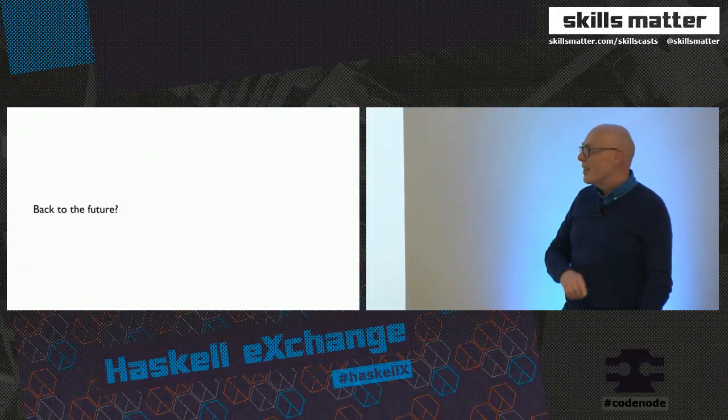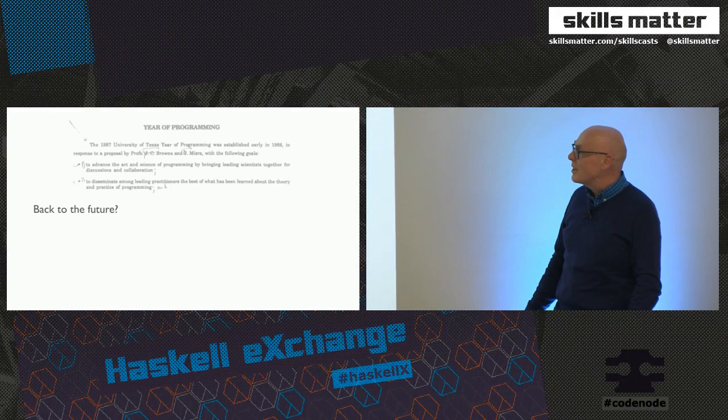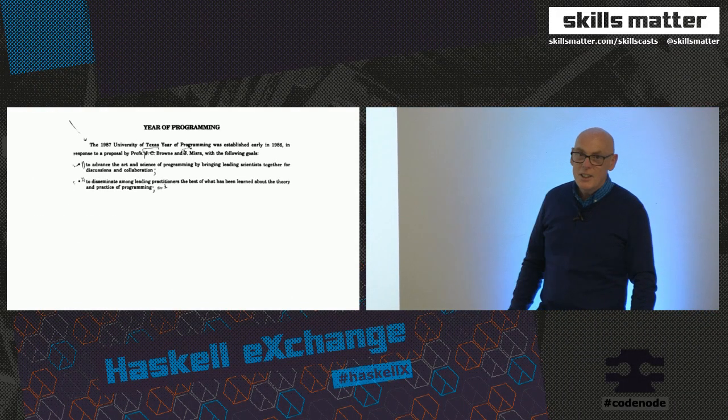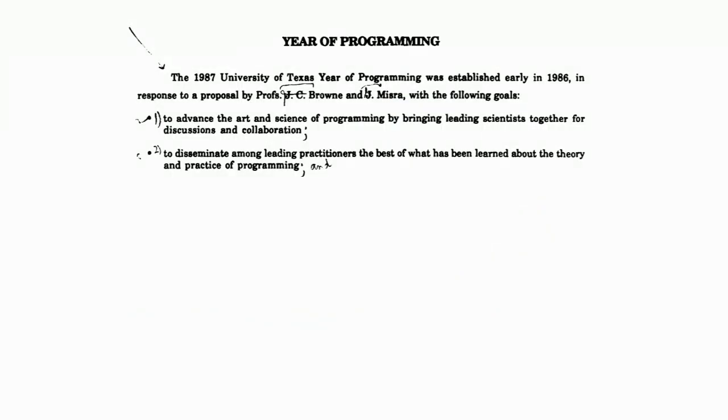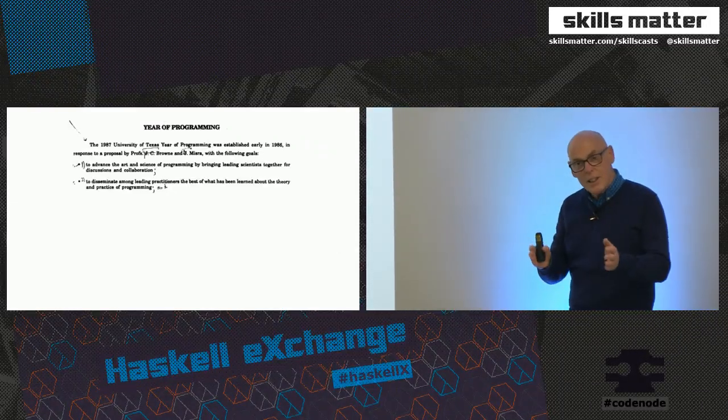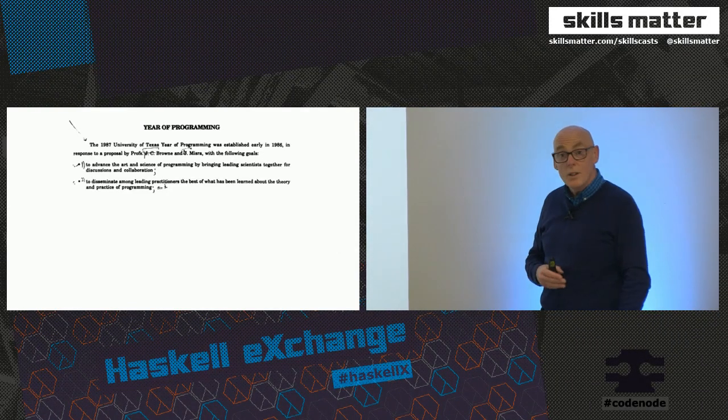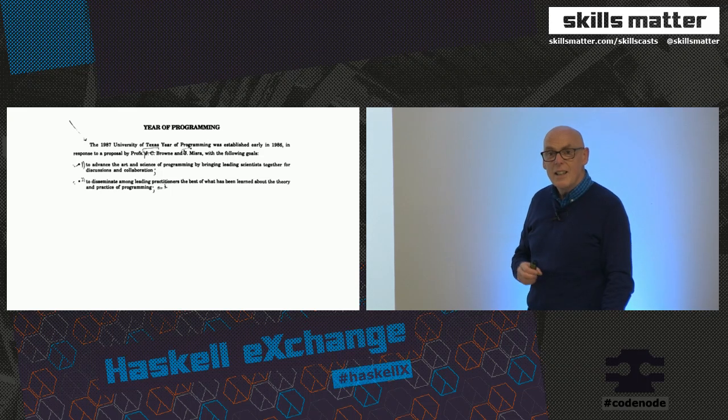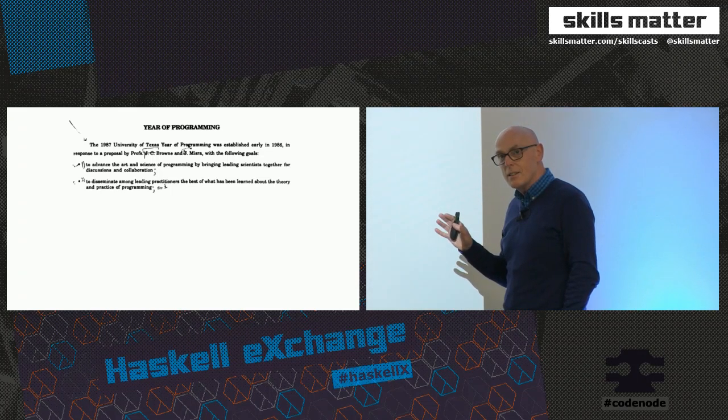And now why this is back to the future, and here I guess I reveal where this came from. In 1987, there was a year of programming at the University of Texas. Tony Hoare and Dijkstra were there, and they did six institutes through the year, and there was one on lazy functional programming. And this work was presented at that.